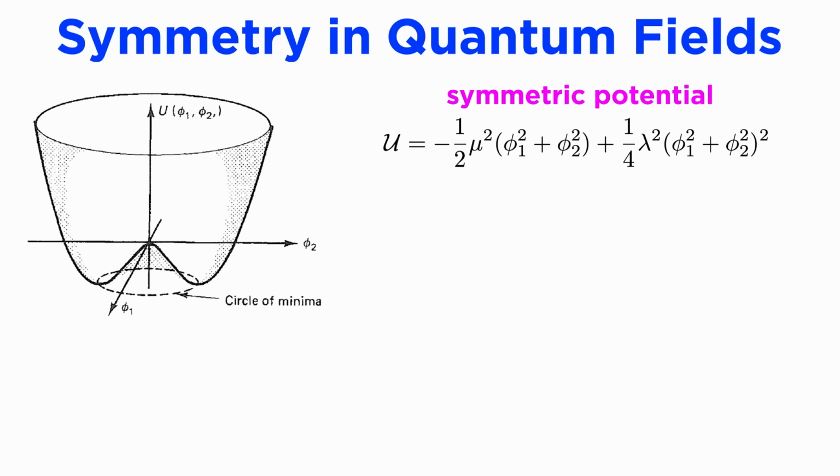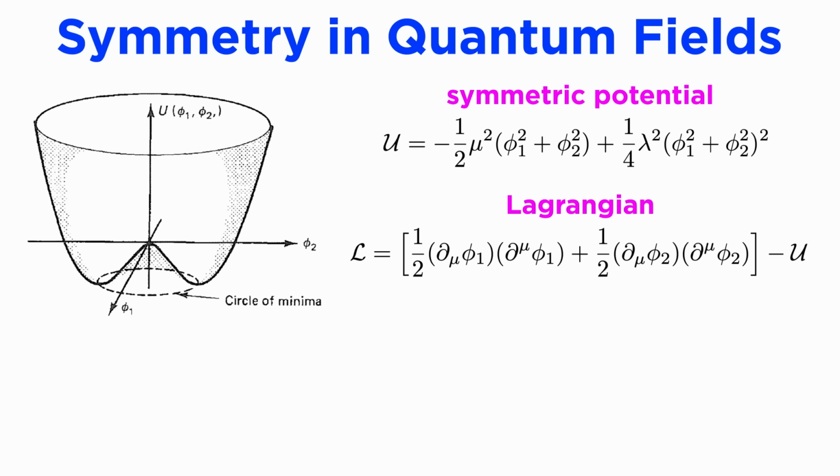Mathematically, we can conceptualize this by having two fields, phi1 and phi2, in a potential density, defined similarly to Lagrangian density. This is expressed as cursive U equals negative 1/2 mu squared times the quantity phi1 squared plus phi2 squared, plus 1/4 lambda squared times the quantity phi1 squared plus phi2 squared, quantity squared.